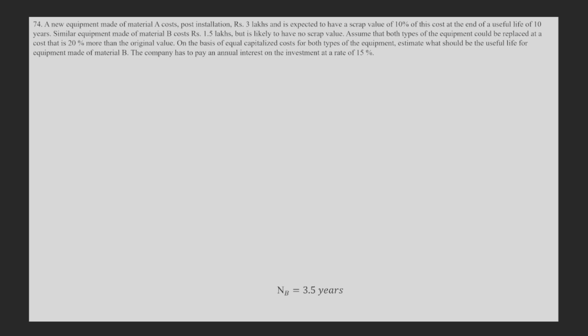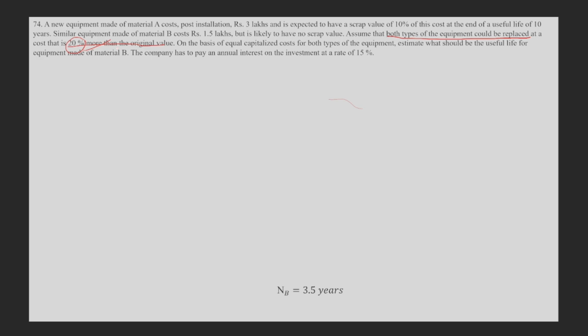Assume that both types of equipment could be replaced at a cost that is 20% more than the original value. See, both types of equipment could be replaced. That means 20% of the original value we have to give to replace the equipment. But there is no need to replace the equipment.